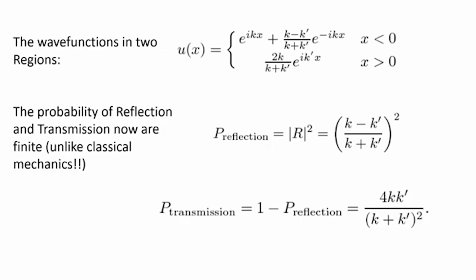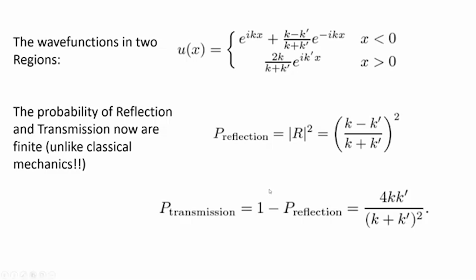The reflection probability is at times called the reflection coefficient. So, the reflection and transmission coefficients are given by (k minus k prime) whole squared divided by (k plus k prime) whole squared, and 4 k k prime divided by (k plus k prime) whole squared.